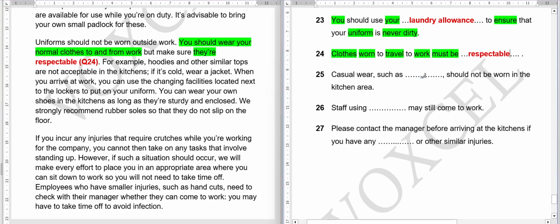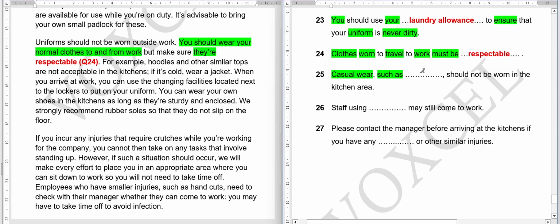Casual wear such as something should not be worn in kitchen area. So here they are talking about casual wear. So such as, sorry about that. Let me do it again. What does such as mean? So here we will be writing some sort of example, basically the name of the clothing.